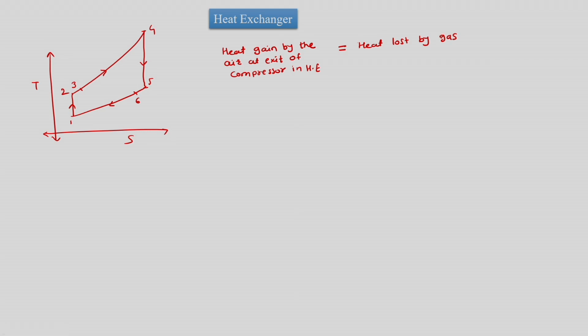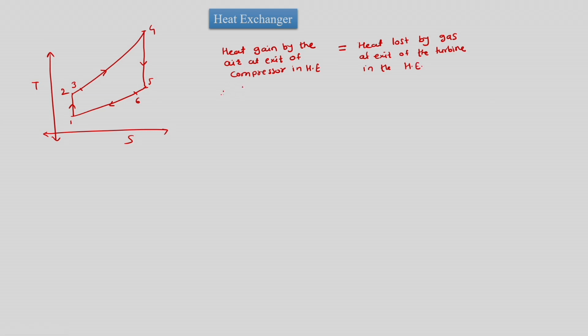So, this is also air, this is also air. But in general this will be the combustion products which will be giving heat to the air. So, heat lost by the gas at exit of the turbine in the heat exchanger.